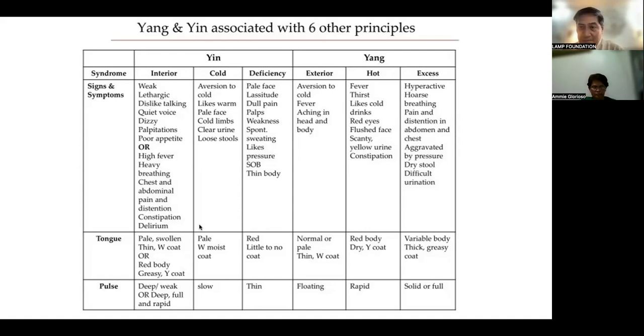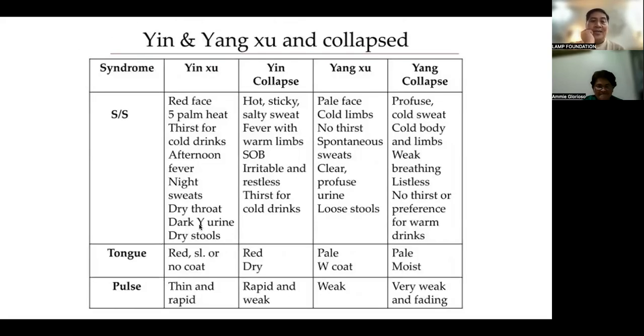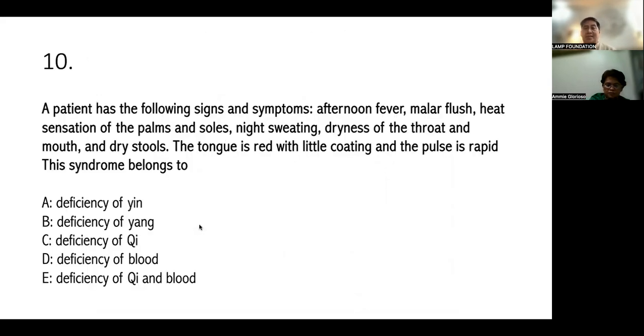Excited? It seems some of you are not excited. Next is yin and yang deficiency and collapse. I want you to go through it by yourself. Just read it, because we're acting like a reading class. Ma'am Ami is excited. Okay, Ma'am Ami, please, 10 to 20.